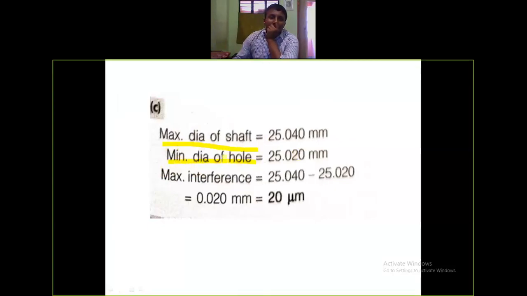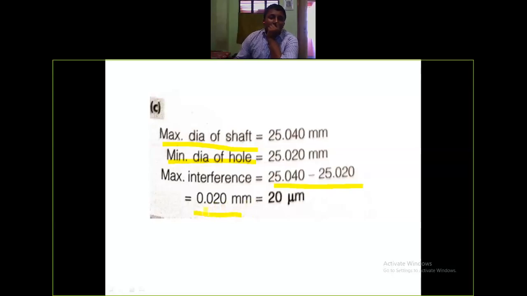The upper limit is 25.040 and the minimum diameter is 25.020. If you subtract, you get 0.020 millimeter.